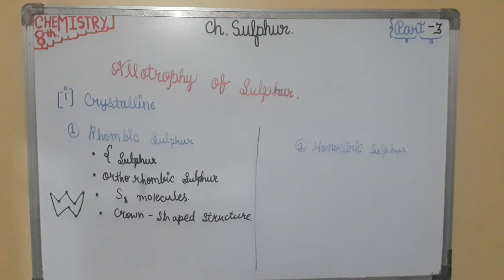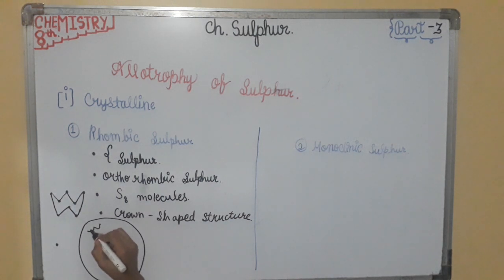In rhombic sulfur, the crowns are placed in the above order, and the structure is like this.